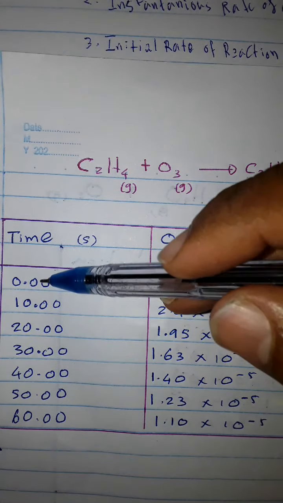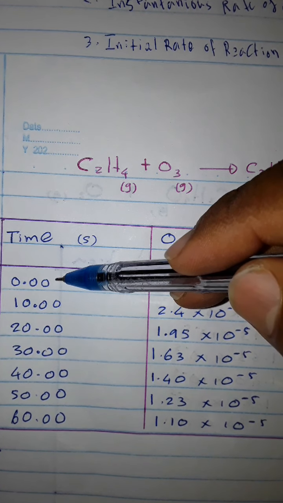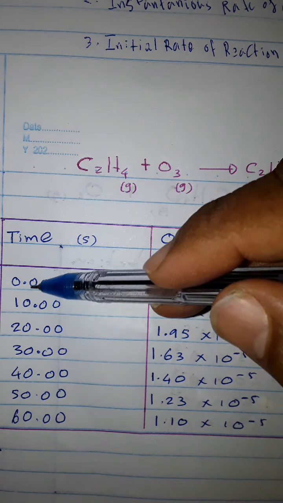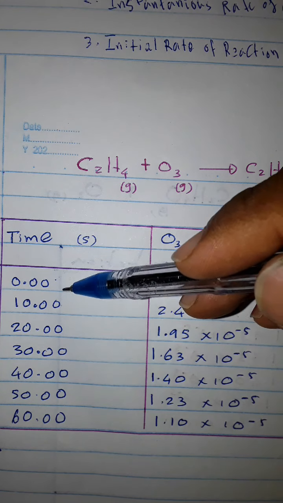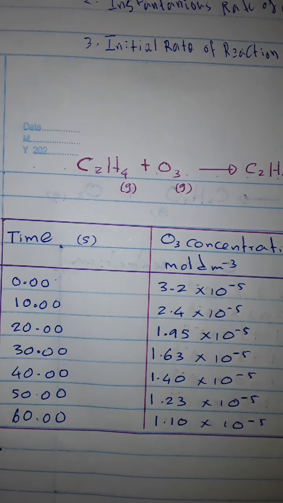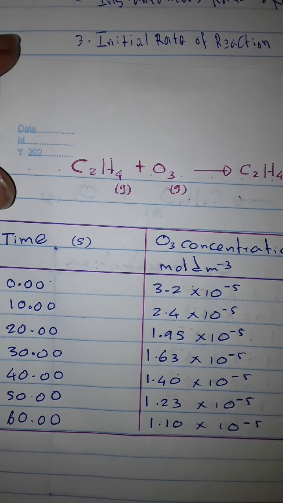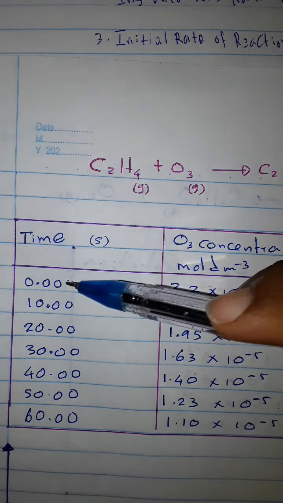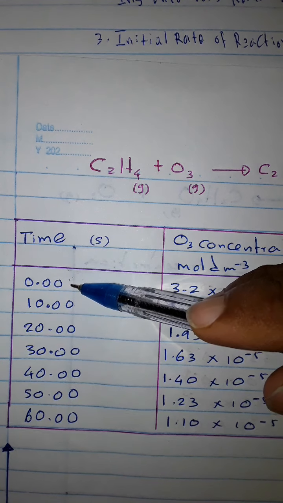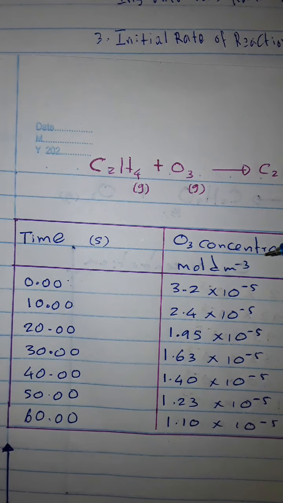Time is measured every 10 seconds: 0, 10, 20, 30, 40, 50, 60. Every 10 seconds I have measured the concentration of ozone. When the reaction starts, ozone concentration is 3.2.